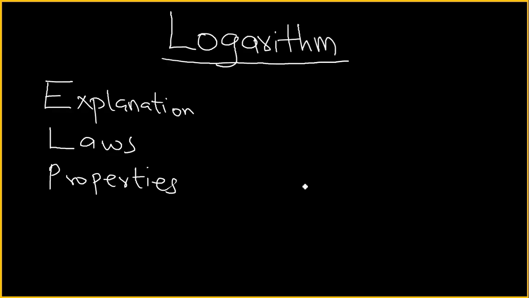So in that video we said 10 times 10 can be written in an index form. Since we have 10 repeating itself twice, one of the 10 is picked, and then the number of times it repeats itself, which is twice, is written on top of it.